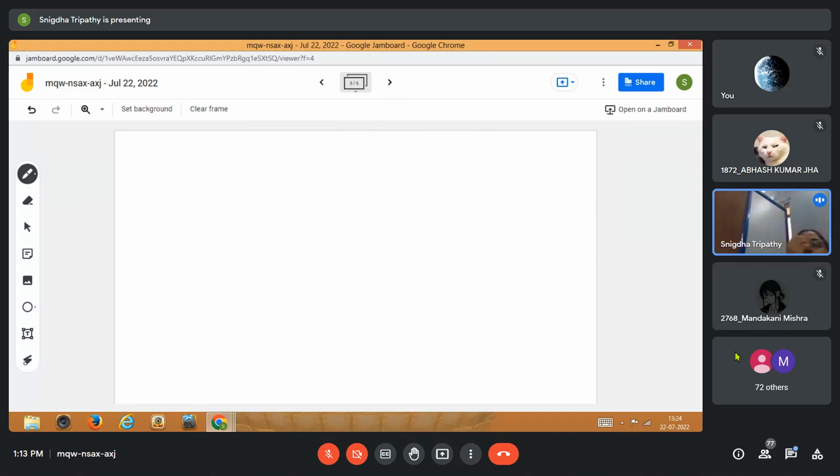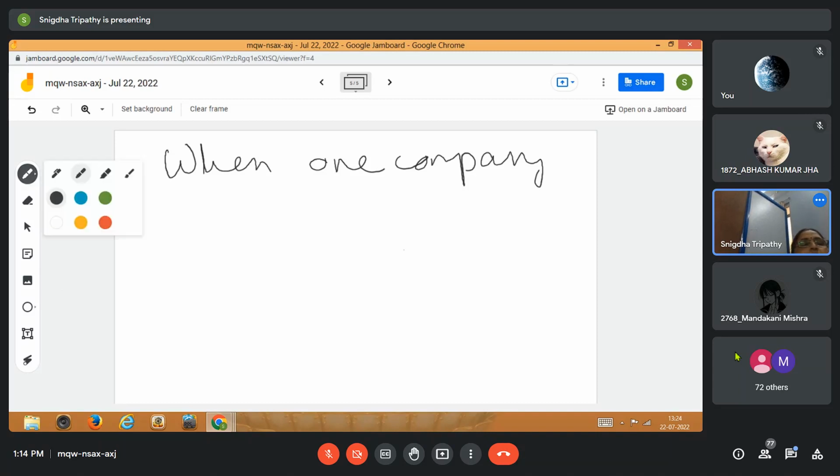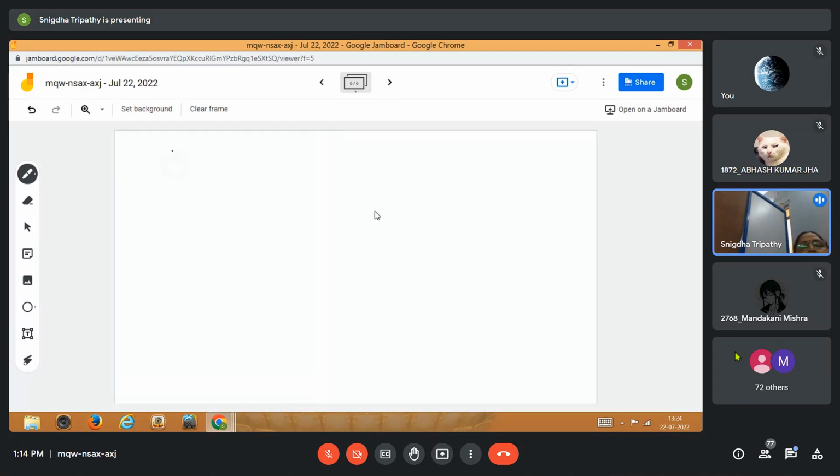Right? So how can we explain this? dTR, for example, when one company sells 100 units of output, suppose the total revenue is 1000 rupees.